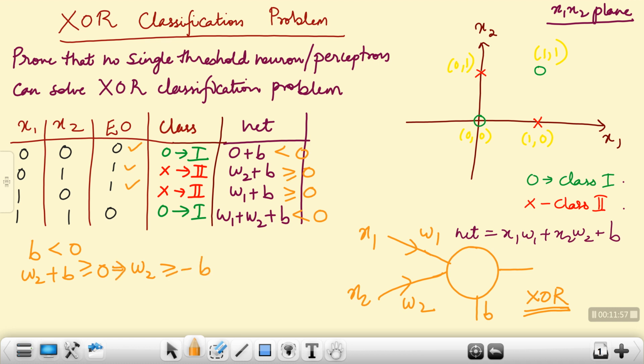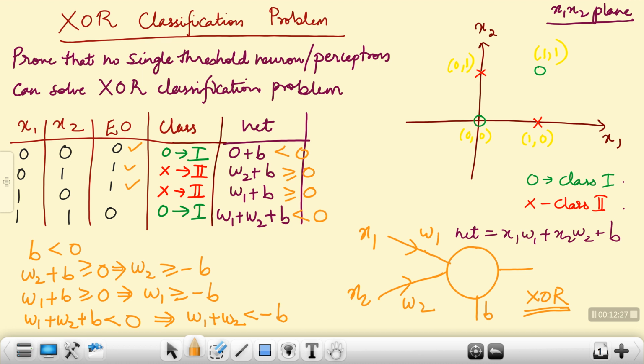Similarly, w1 plus bias should be greater than or equal to 0, which means w1 should be greater than or equal to minus bias. And the last condition says that w1 plus w2 plus bias should be less than 0, which implies that w1 plus w2 should be less than minus bias.